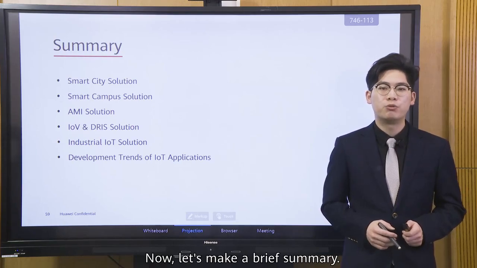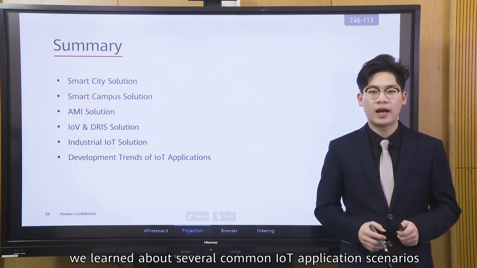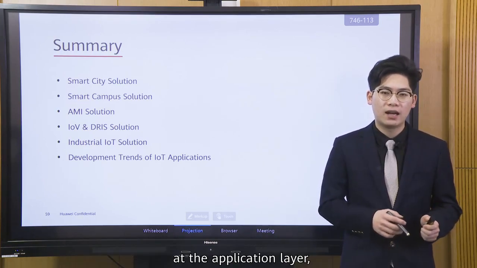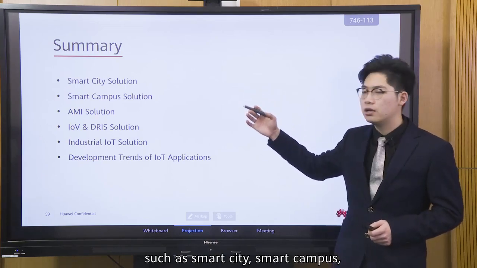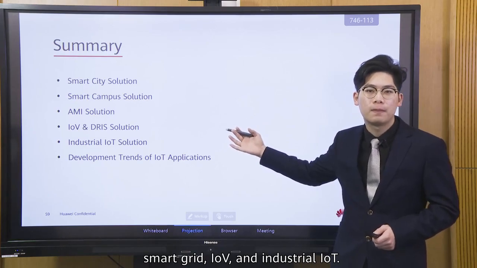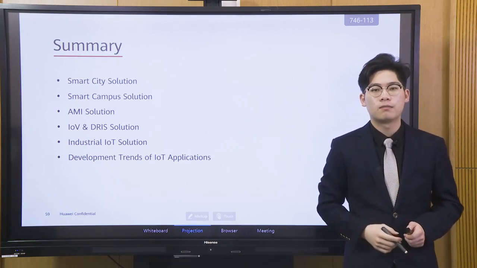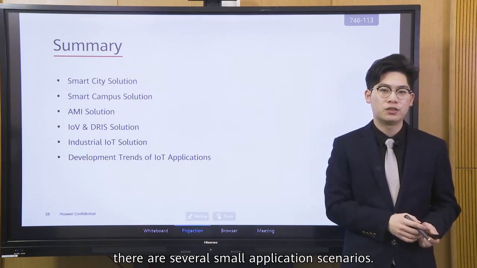Now, let's make a brief summary. In this course, we learn about several common IoT application scenarios at the application layer, such as smart city, smart campus, smart grid, and IoV, and industrial IoT. In the smart city scenario, there are several small application scenarios.